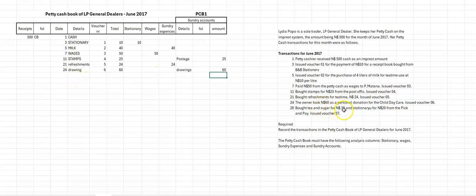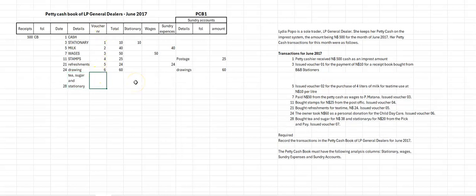Okay, then our last transaction would be the 28th. Bought tea and sugar for $38 and stationery for $20 from the Pick and Pay, issued voucher number 7. So on the date, we have the 28th. We have tea, sugar, and stationery. Okay.